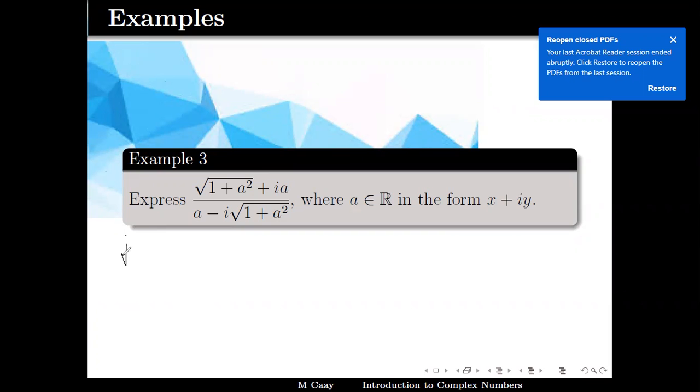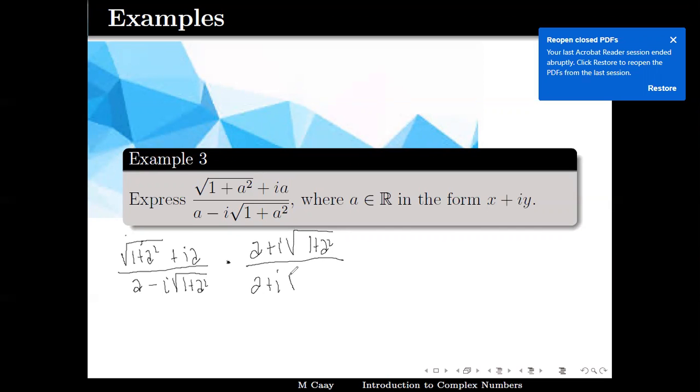So remember that this is the square root of 1 plus a squared plus ia, all over a minus i times the square root of 1 plus a squared. Now I can multiply to rationalize the denominator, so I multiply this by the conjugate, which is a plus i times the square root of 1 plus a squared, all over the same.